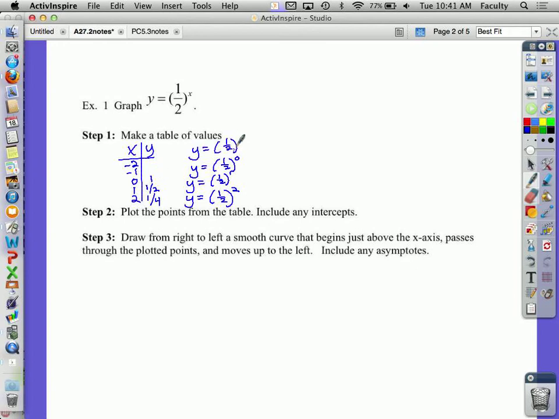Now, here's where it's going to get interesting. If I do 1/2 to the -1, does anybody remember when you have a fraction to a negative exponent, what does it do to the fraction? It flips it, right. So this is going to make it 2/1, but that's just 2. And then if I do 1/2 to the -2, that makes it 2/1 squared, which is 4.